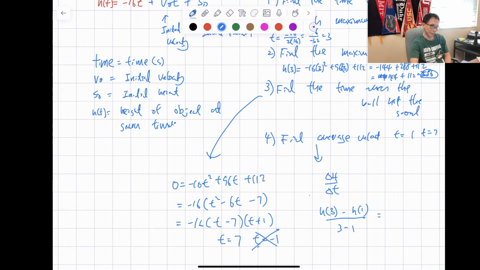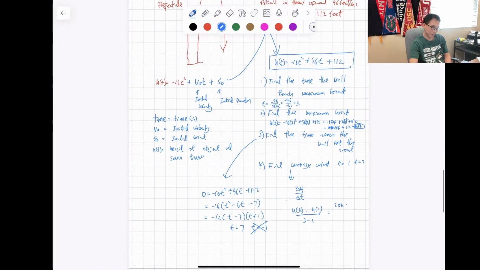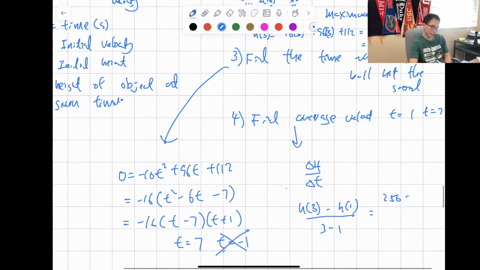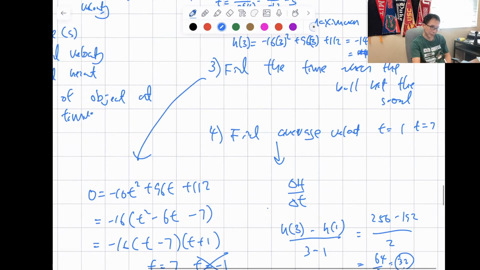We already know h of 3 is 256. What happened at 1? h of 1 is going to be 192, I believe, over 2. So 64 over 2, that's equal to 32. So that's equal to 32. Average velocity from t equals 1 to t equals 3. So just the change in distance.